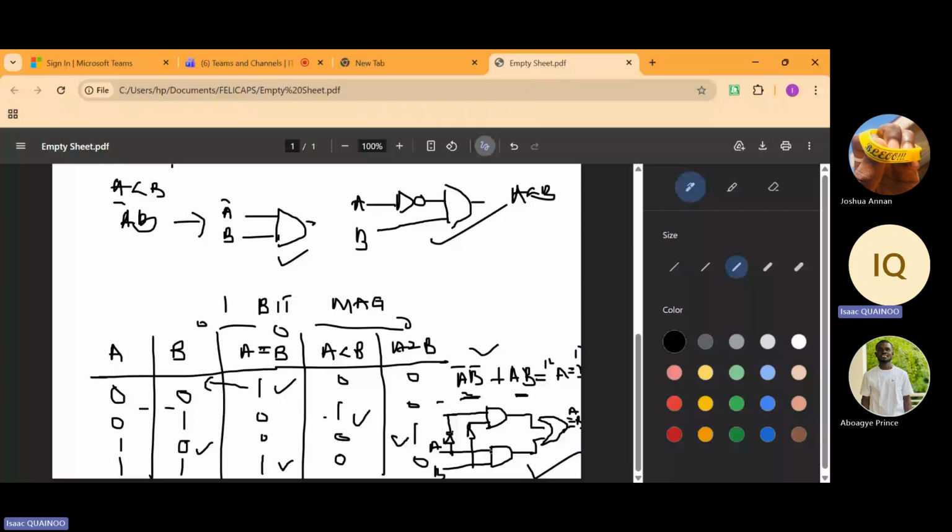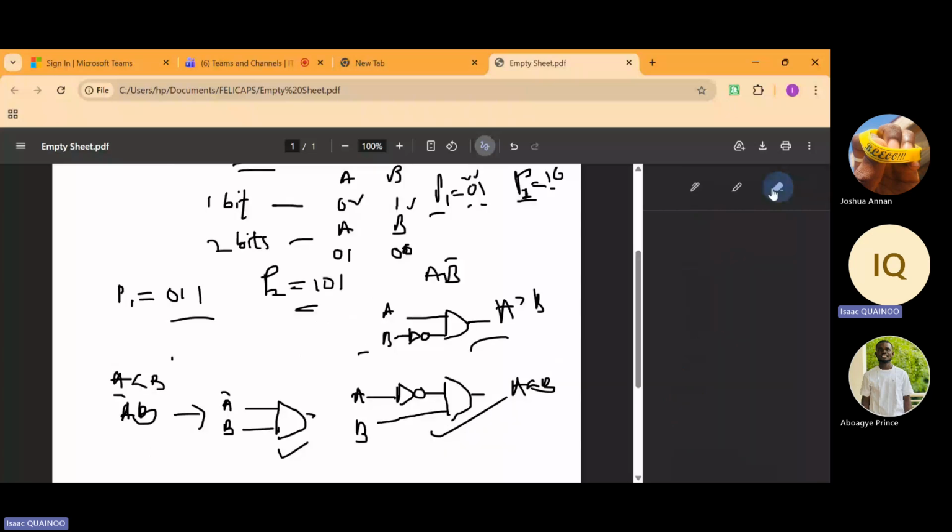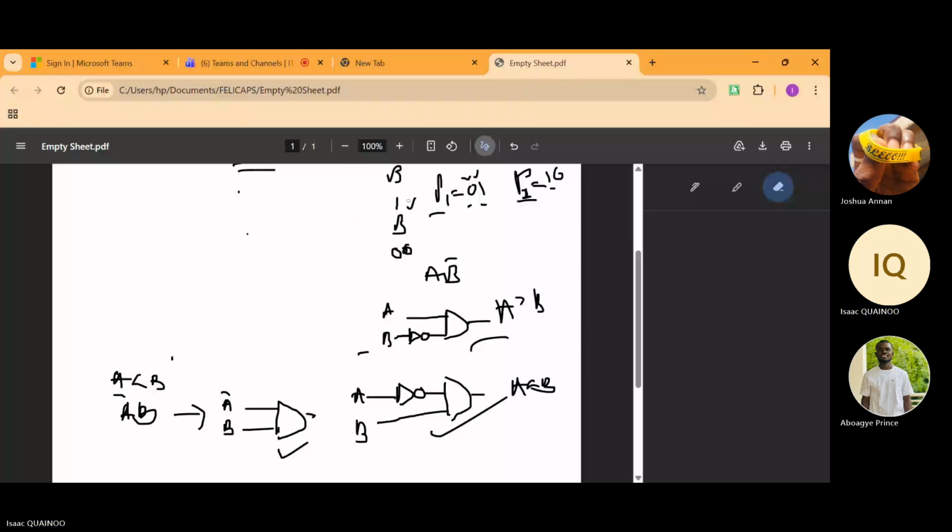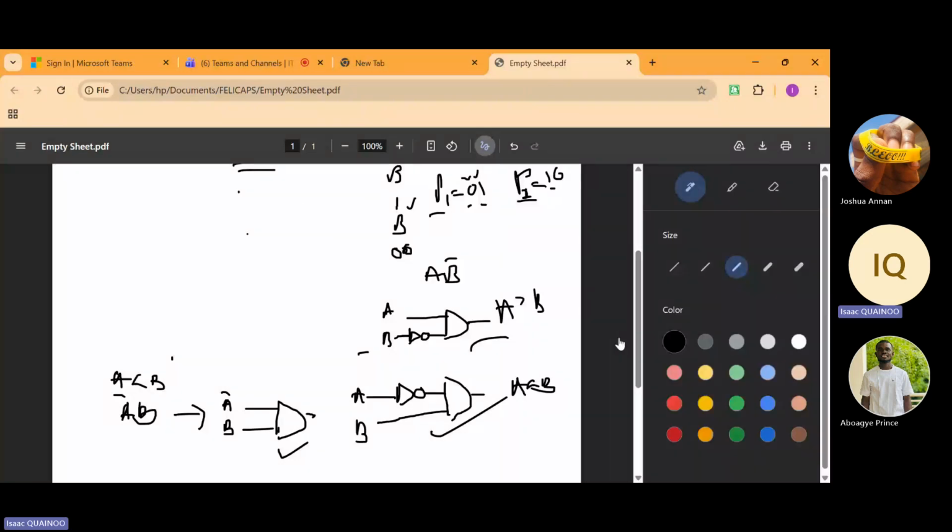So your universal inputs are going to be A and B, because that's a common input for all the three diagrams. So we'll draw our A and B. So you can draw your A here.